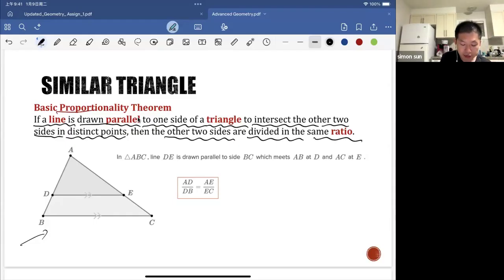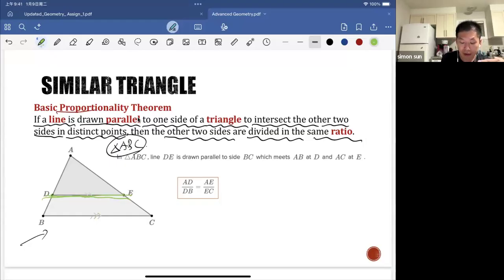Take a look at this graph. We have the large triangle ABC, the big green triangle. If we draw a line DE, it intersects the two sides of triangle ABC, and DE is also parallel to BC.